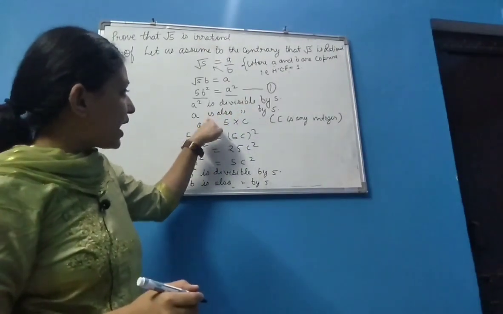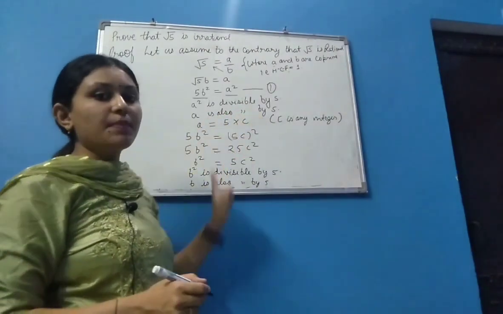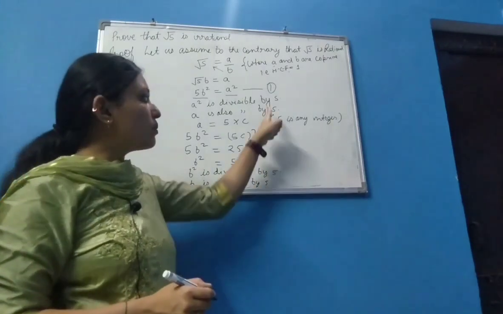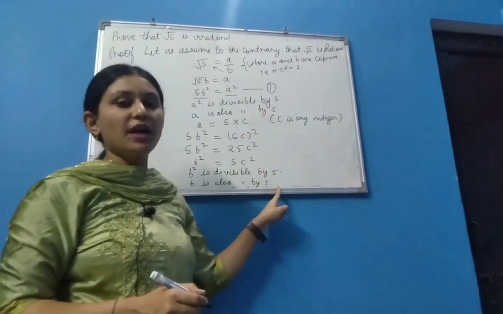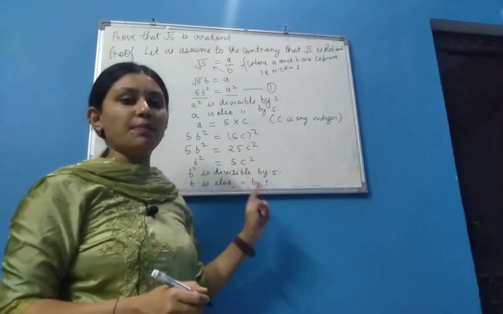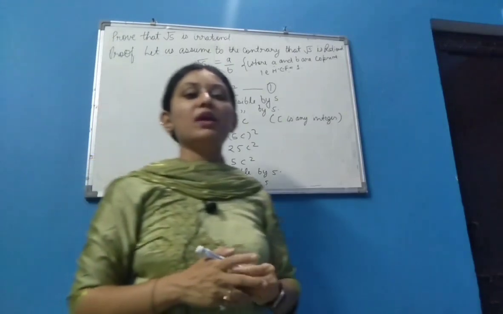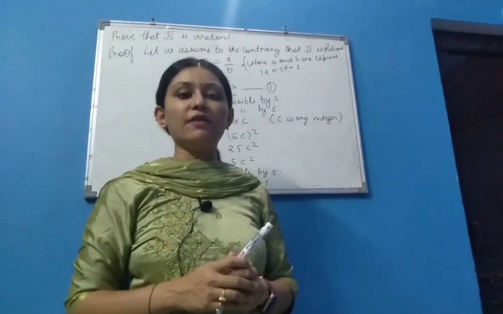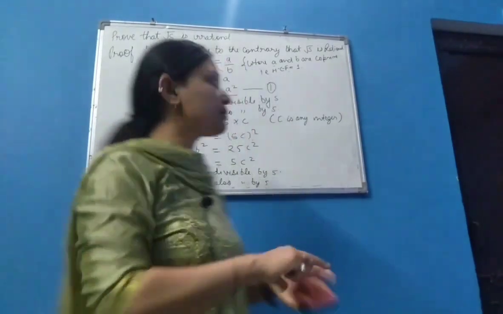We get that A is also divisible by 5 and B is also divisible by 5. From both these facts we can say that we get 5 as a common factor of A and B. A और B के हमें एक और common factor मिल गया, 5, other than 1.